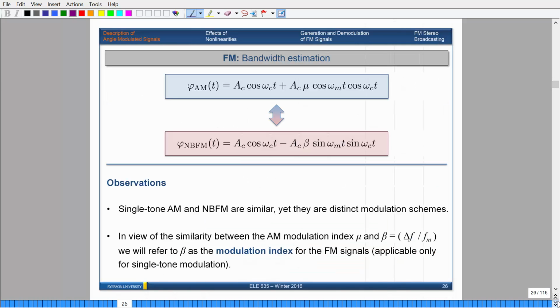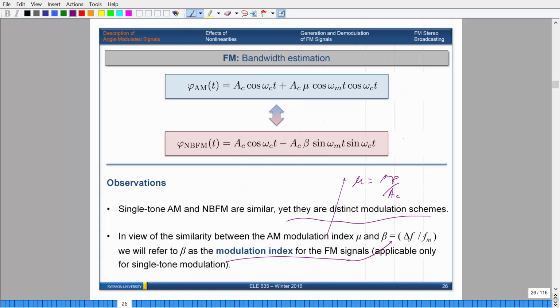Here are some observations. Single tone amplitude modulation and narrowband frequency modulation are quite similar, yet they're very distinct modulation schemes. Remember, one adjusts the height of the carrier, the other adjusts the frequency of the carrier to transmit the signal over the channel. As I talked about before, we know the AM modulation index is simply M_P over A_C, assuming symmetric. Here is the modulation index for FM signals, as I talked about before.